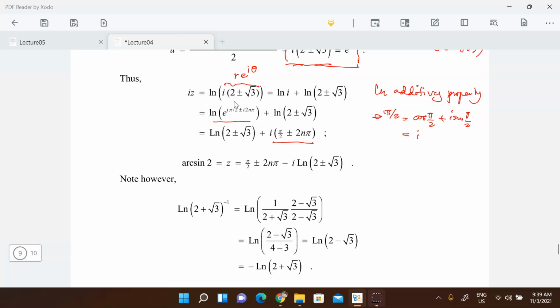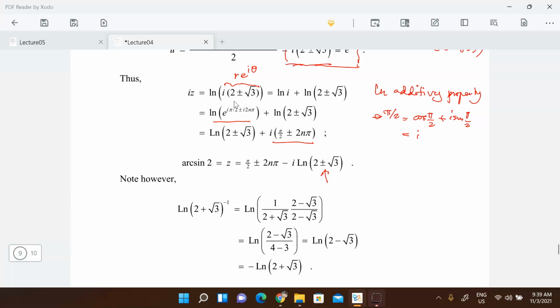You get the difference of squares, 4 minus 3, since root 3 squared is 3. So you get 1 at the denominator, and what's left is root 3 appearing on top, which is log of 2 minus root 3. And this is precisely one of the two values that appears here.